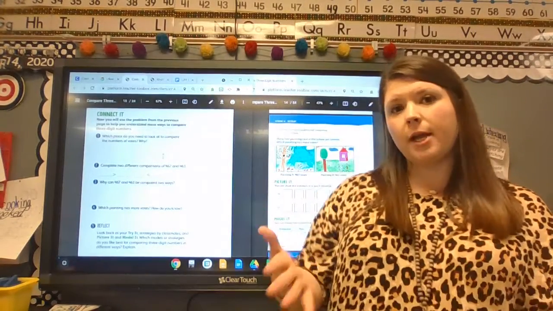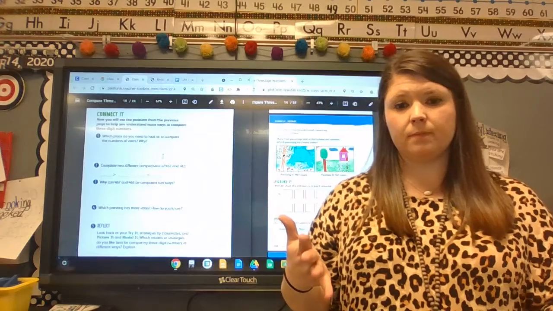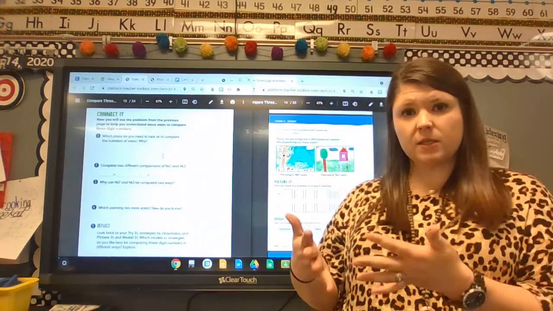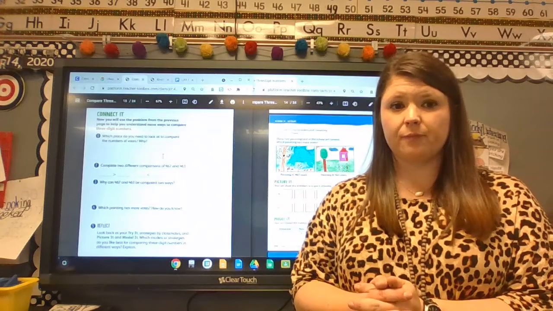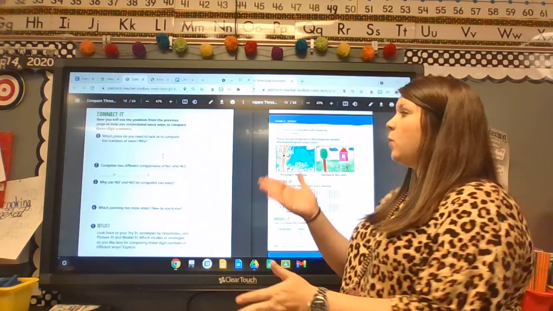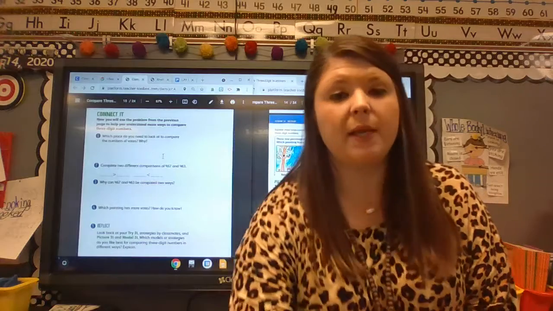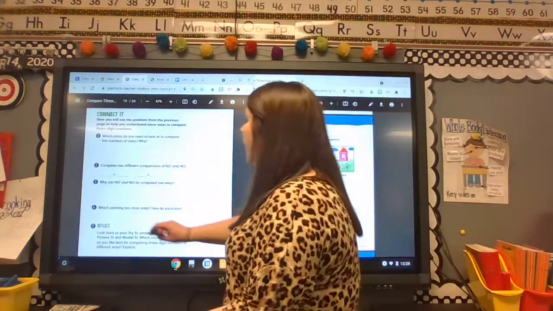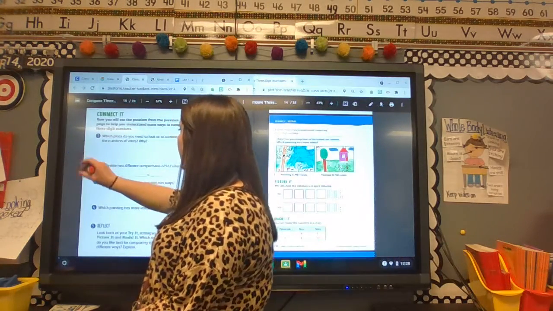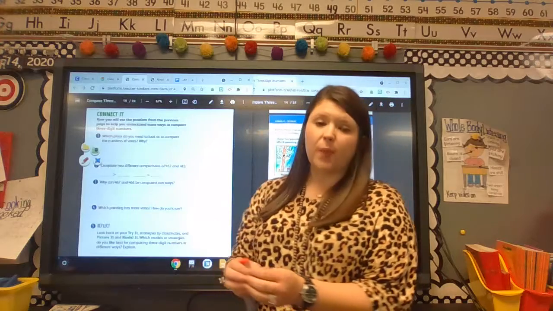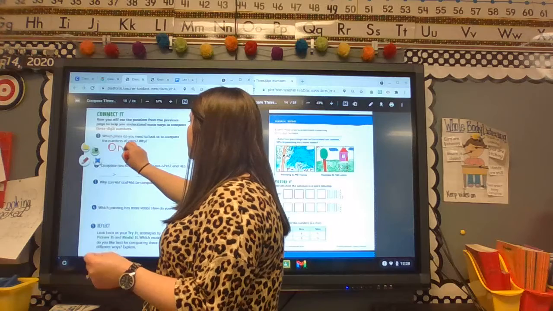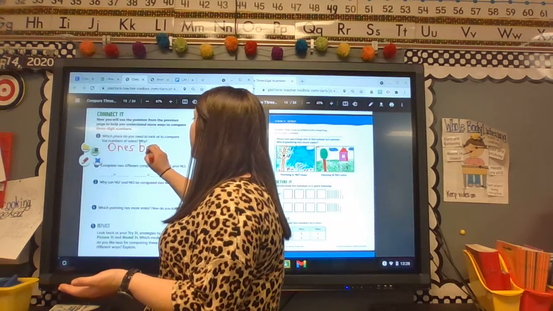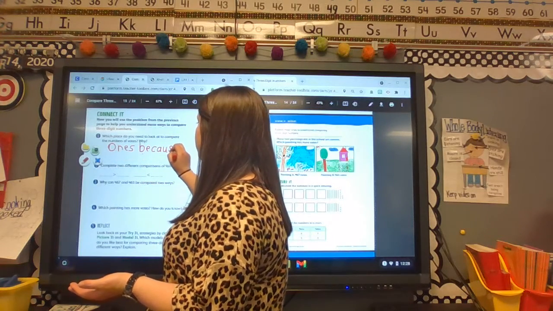Well, what do we do when our hundreds place is the same? We go to our tens place. What do we do if our hundreds and our tens place are the same? Yes, then we have to go to our ones place. So for this one, we have to look at our ones place to compare the number of votes. Why do we have to go to our ones place?